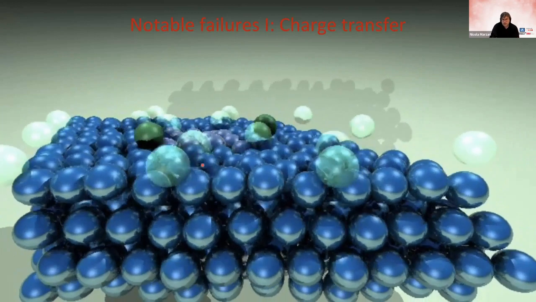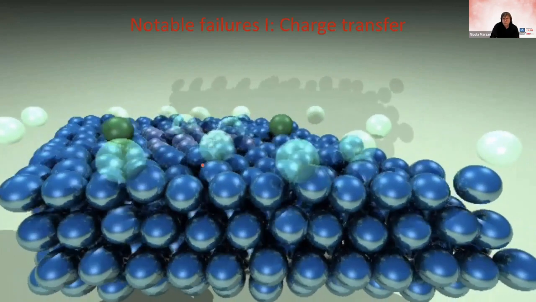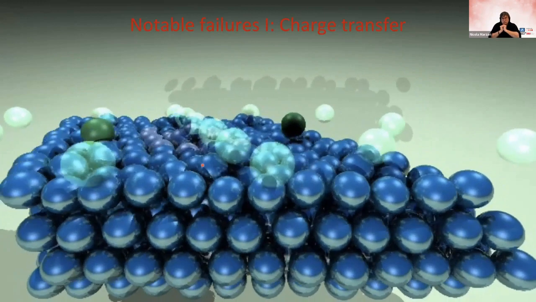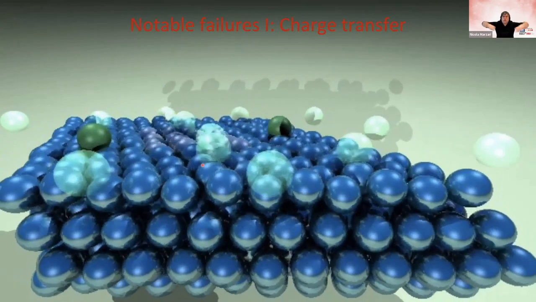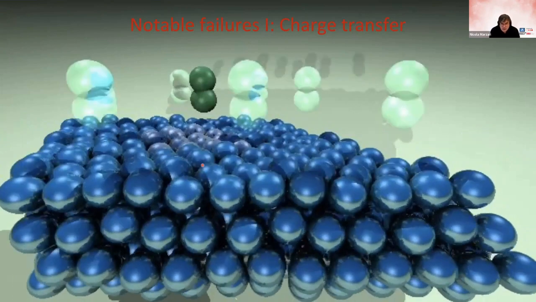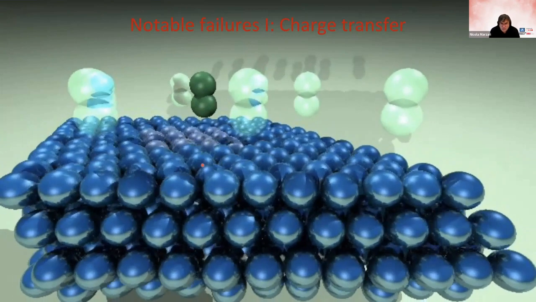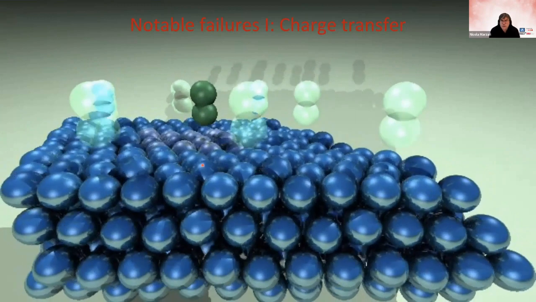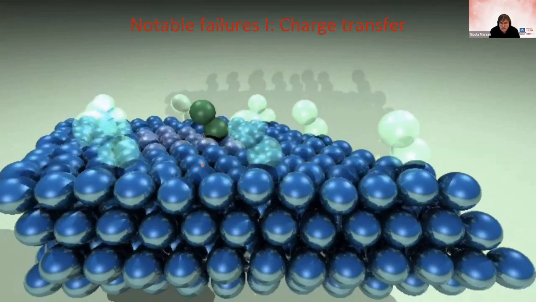And once you have 2 electrons filling the LUMO of Cl2, Cl2 minus minus wants to explode. So you have a cannonball dissociation on the surface. And this movie is wonderful, but it is also completely untrue. This is not what happens in reality.